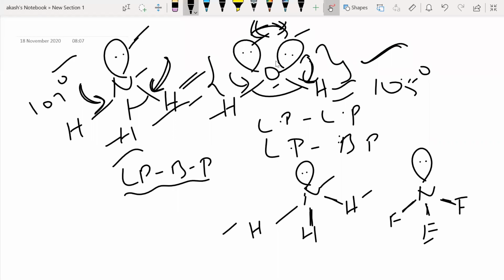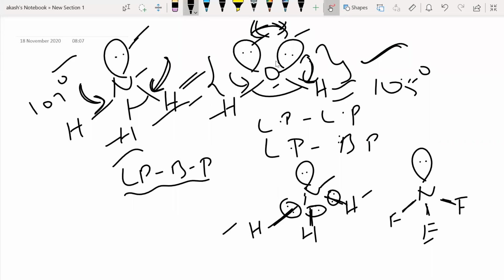So the three bond pairs you have here are going to be more towards nitrogen, because nitrogen is more electronegative. I can draw it like this, putting them more towards the nitrogen and a little away from the hydrogen atom.